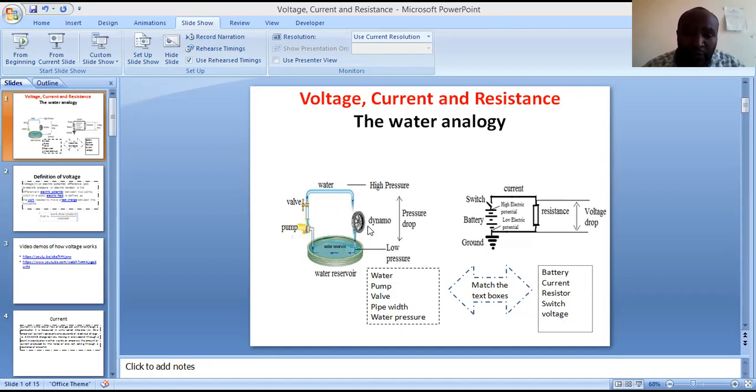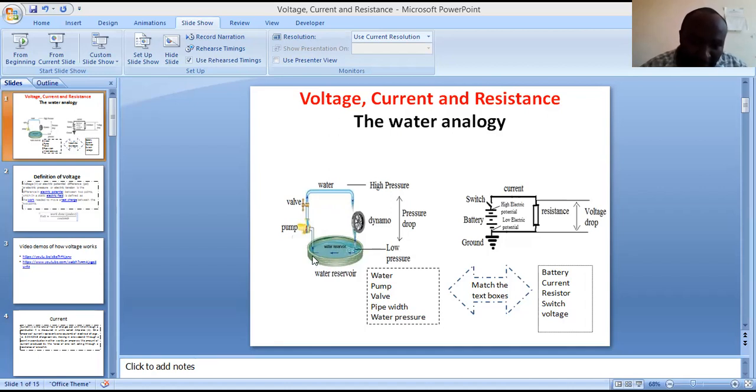When a dynamo rotates, what you get is electricity being produced. But as a result, now water turns the dynamo, but it again loses pressure and energy.